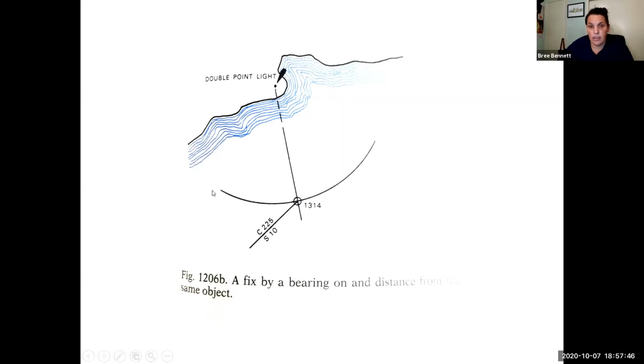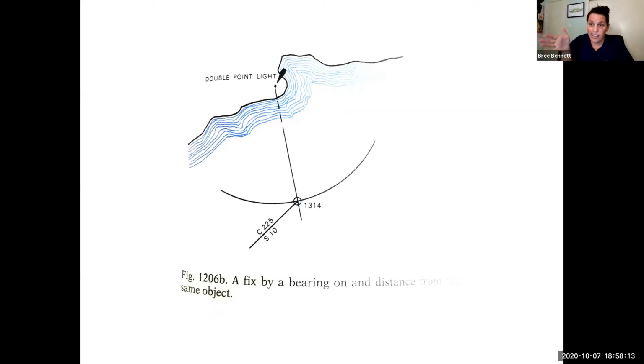This is going to be a very common one for people who have radar, a range and bearing from one aid to navigation. This always comes in handy because you only need one aid to navigation. You don't have to have one over here and one over here, or two things that you're trying to connect and triangulate off of.